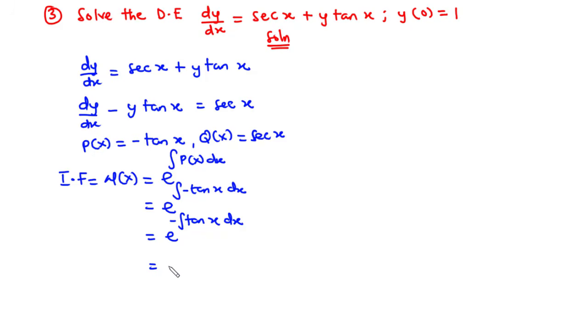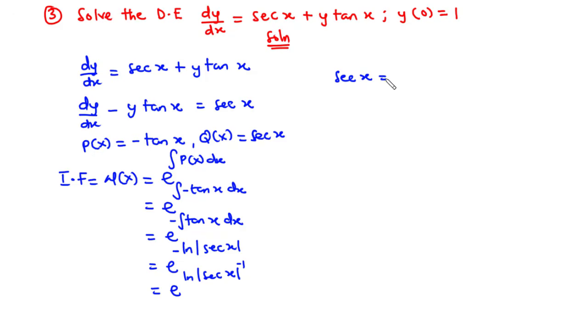Now when you integrate tan x with respect to x, then you have ln of absolute value of sec x. So that's it, and then this becomes e to the power ln of sec x to the power negative 1.